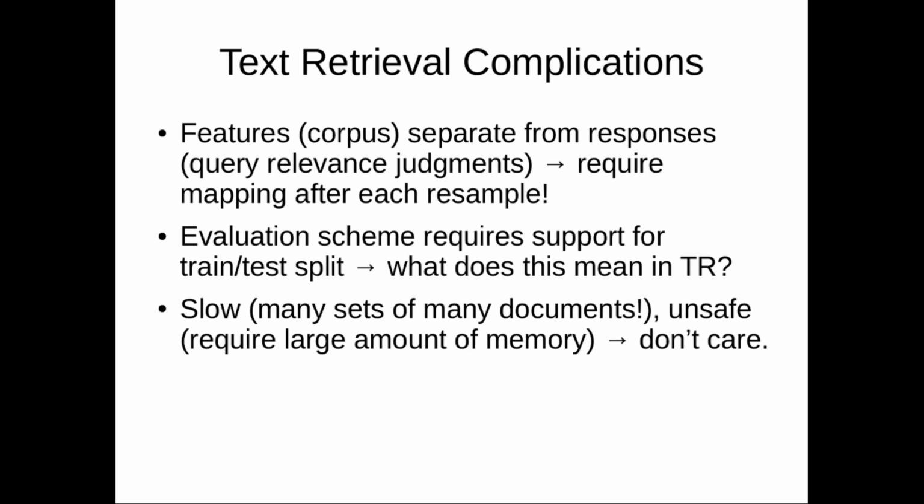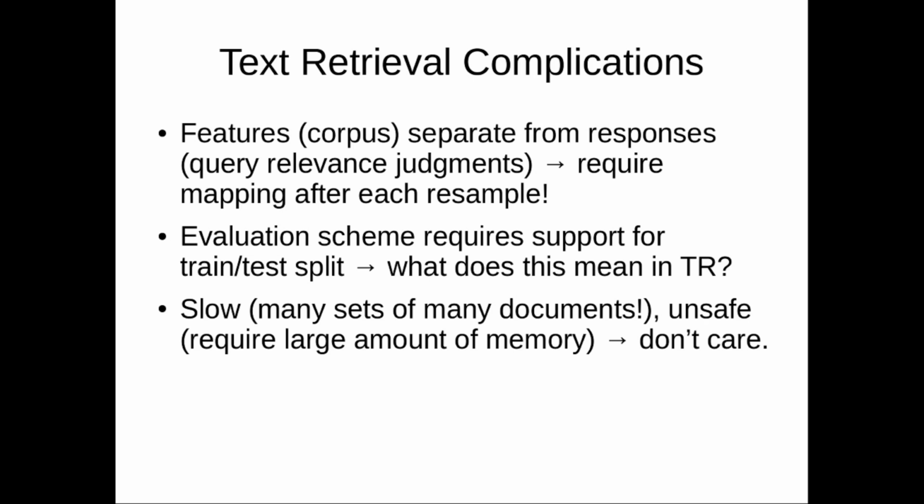So the response file, the relevance judgments, will just contain a list of the query IDs and which documents have what kind of relevance to this particular query ID. Now, after you resample the document, because we're trying to do document domain resampling, you're going to have some of the IDs missing from your resampled corpus.